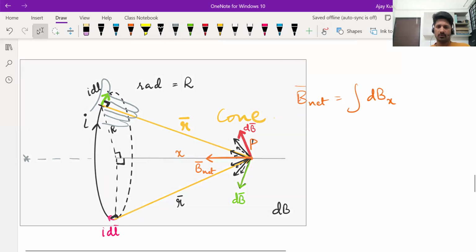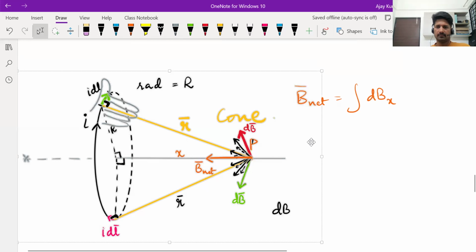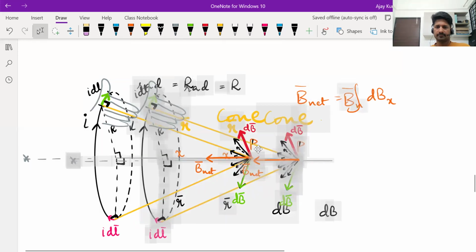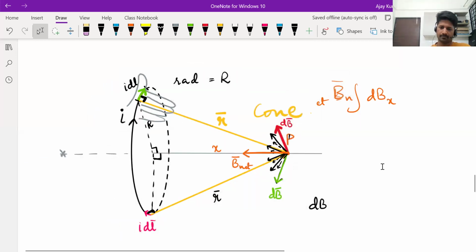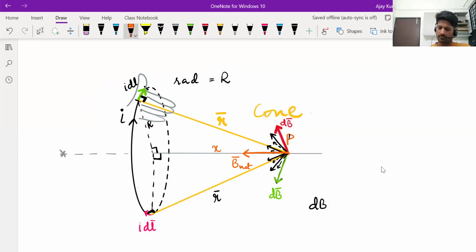Is it to the left or to the right? Right. I got one answer as right. We'll see. Others also give your answer. I want the direction of magnetic field at this point Q due to this circular current carrying loop.